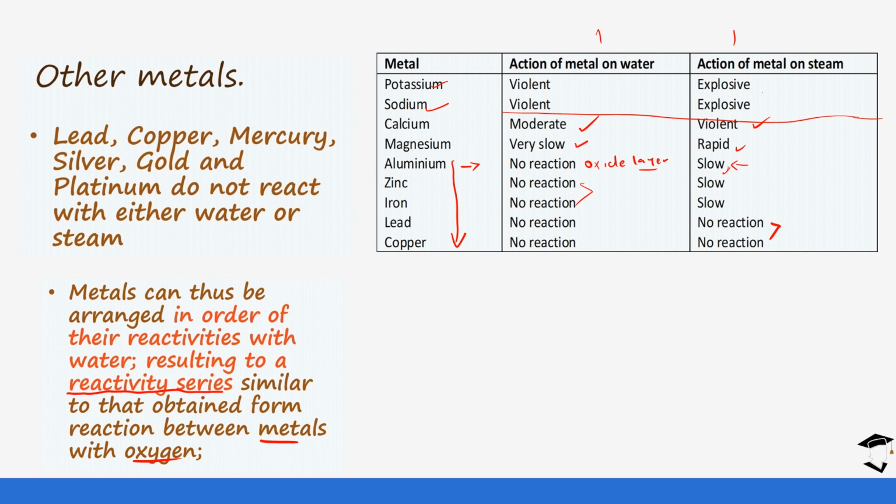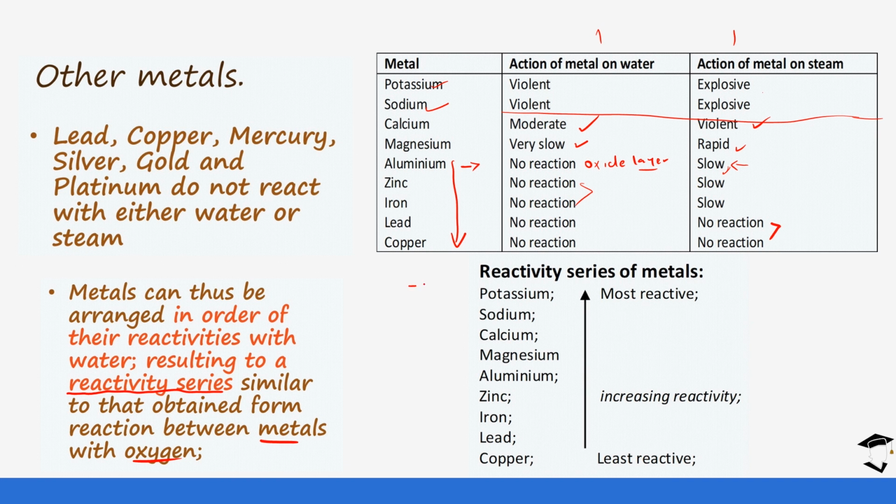So this is the reactivity series. You can see potassium is the most reactive, followed by sodium, followed by calcium, followed by magnesium, followed by aluminium, followed by zinc, followed by iron, followed by lead, and finally copper. So this is the reactivity series in regards to the reactions of metals with water and steam.